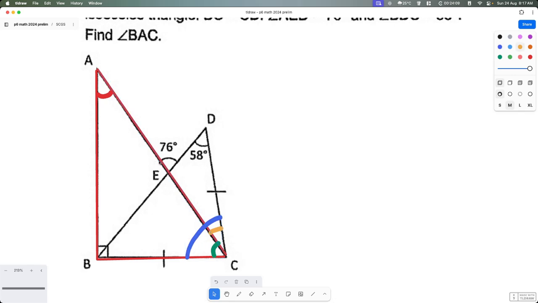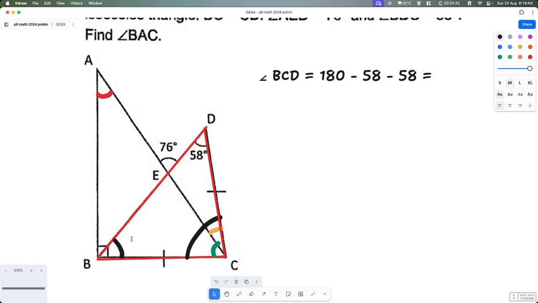Yes, we can. Okay, so if I were to just remove these lines, how do we get this blue angle? It is from this isosceles triangle, which is basically BDC, to get this blue angle. Okay, let's do that first. So angle BCD is equal to 180 minus 58 minus 58, because this angle also is 58 degrees.